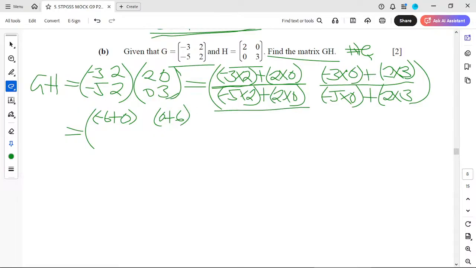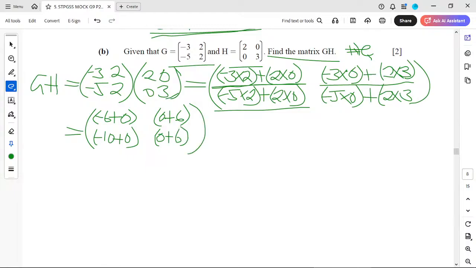Then we come to the expression down here, where we have negative 5 times negative 10, plus 2 times 0 gives us 0, so plus 0, close bracket. Then we open bracket: negative 5 times 0 gives us 0, plus 2 times 3 gives us 6, close bracket.